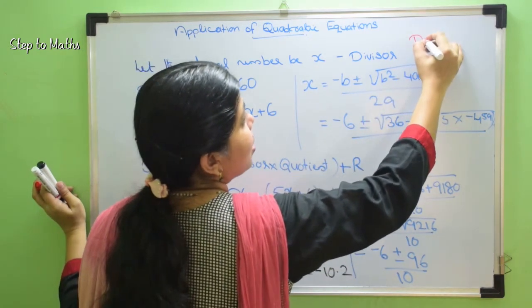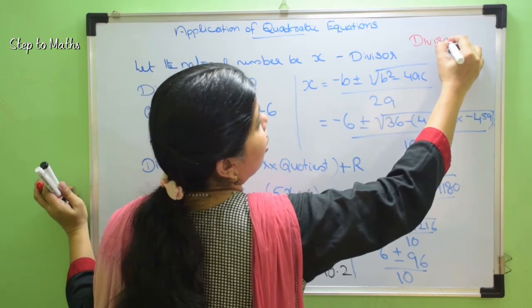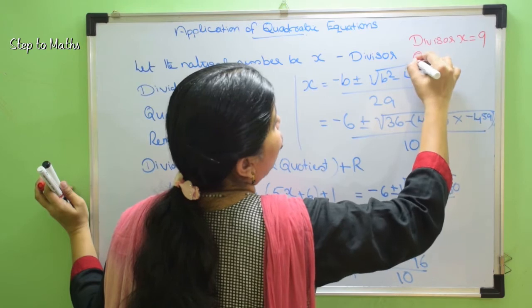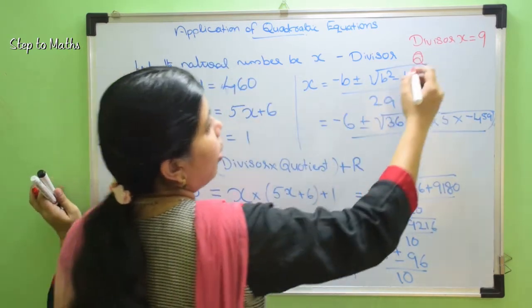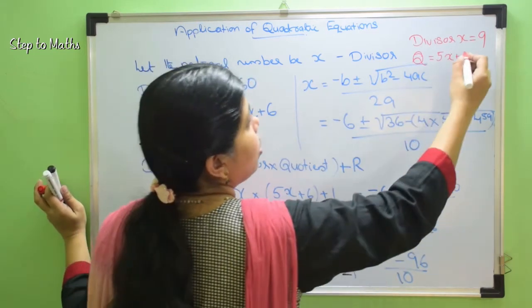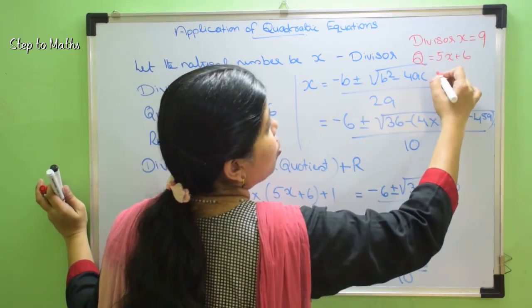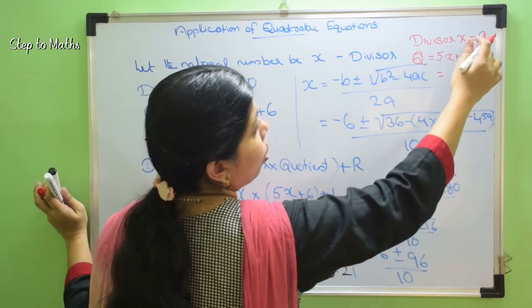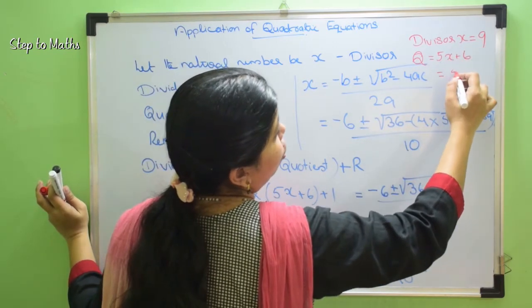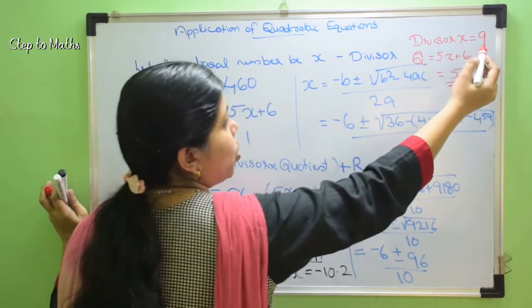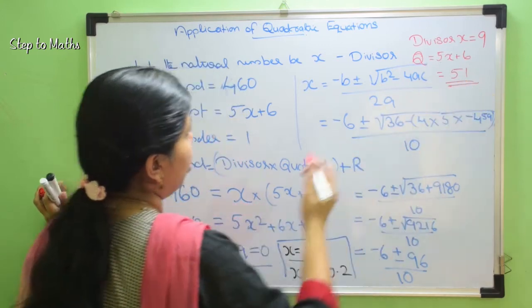That is, divisor x is equal to 9 and quotient is equal to 5x plus 6. Here x is equal to 9 and 5x plus 6 is equal to 51. Divisor is 9 and quotient is 51.